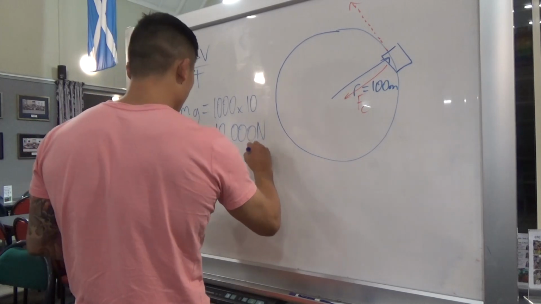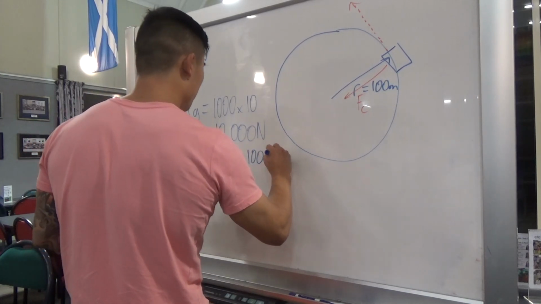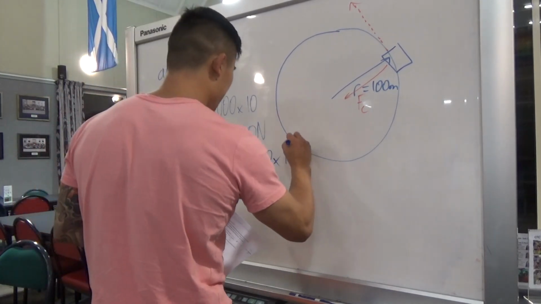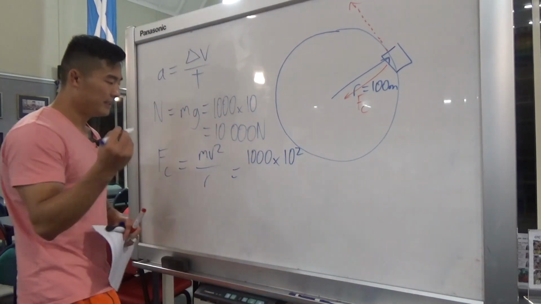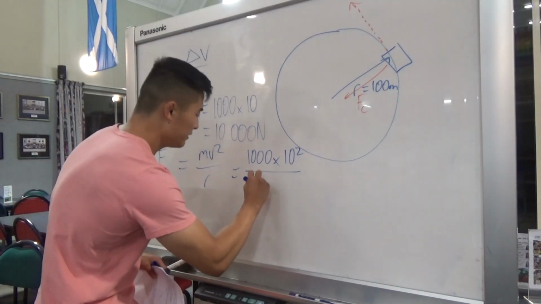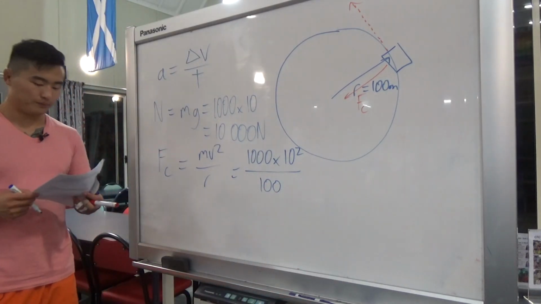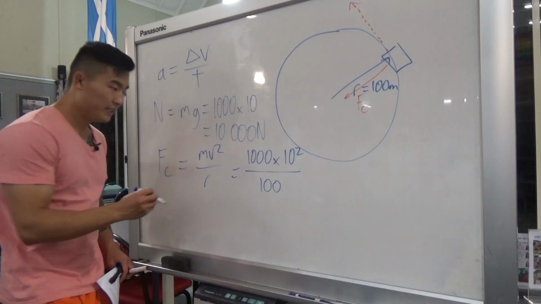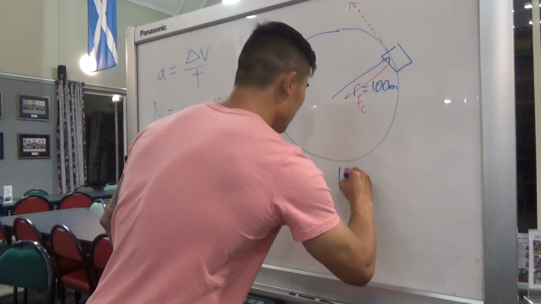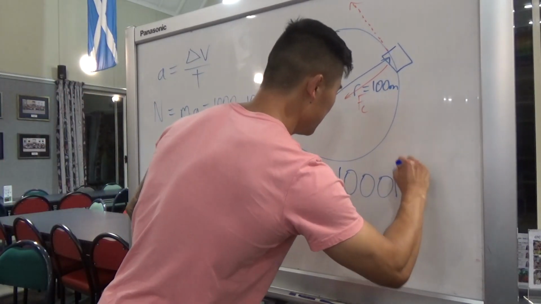So the mass is 1,000 kilos multiplied by our velocity, which is 10, squared, and then divided by our radius, which is 100. If you did that, you'd get an answer of 1,000 newtons.